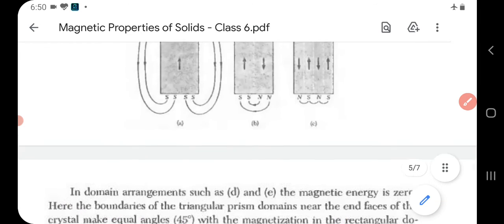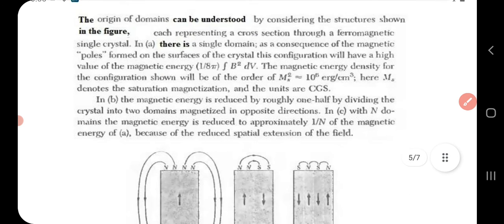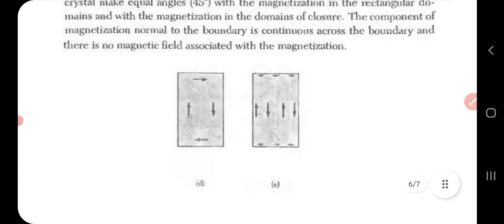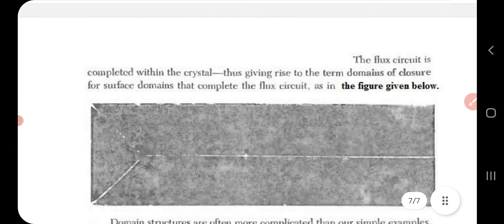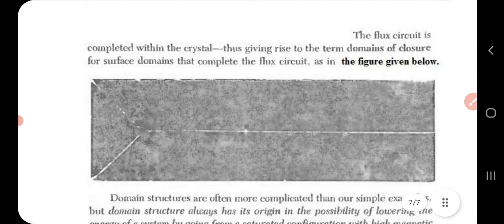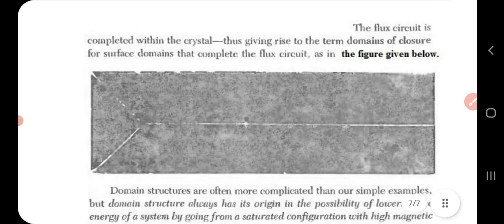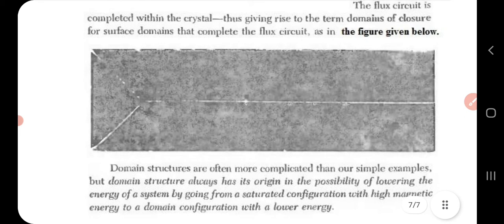So here this section you can go through, that is write about each figure, what is seen in figure A, figure B, figure C, and then in figure D and E. Now the flux circuit is completed within the crystal and it will give rise to domain of closure. This figure is called domain of closure, and here the surface domain is found to be complete as shown in the figure.